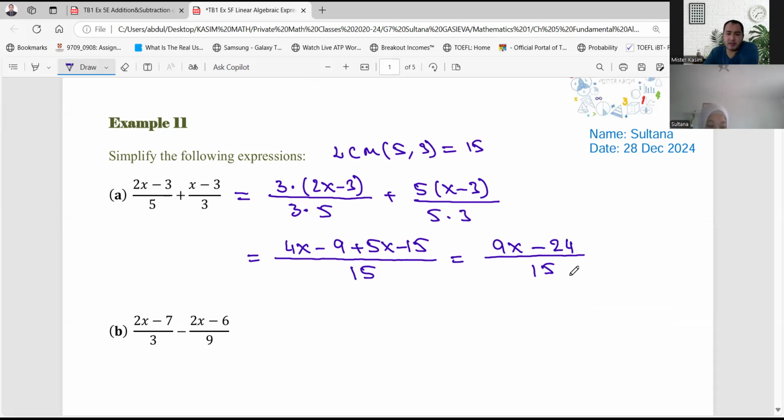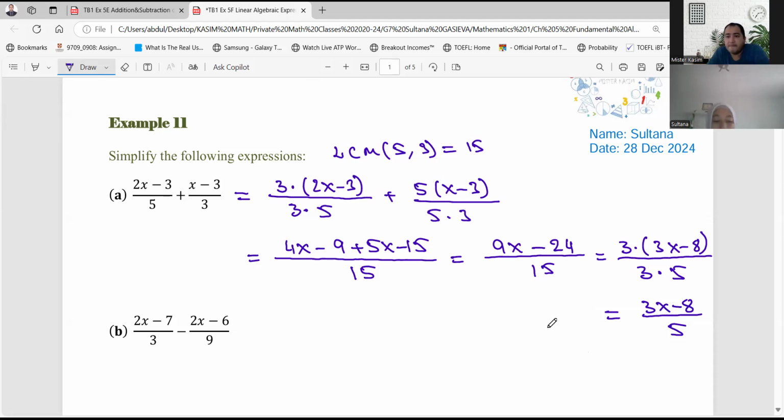Just have a look. I can, because all numbers are divisible by 3. If you factorize the top, I can write 3 times (3x minus 8), and the bottom as 3 times 5. Again, these 3's are gone, right? So this will be equal to (3x minus 8) over 5. So this is called simplifying algebraic expressions.